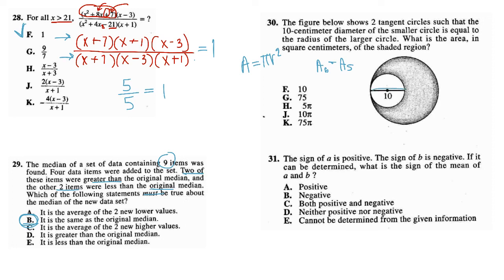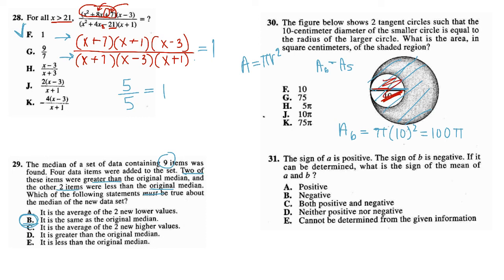Well, this is our radius. So the area of the big is going to be pi times r squared. So that's 100 pi. And so that's everything. That's all of it. And now I need to get the smaller portion, this area here, and subtract it.